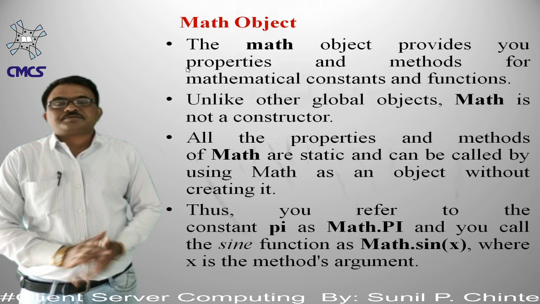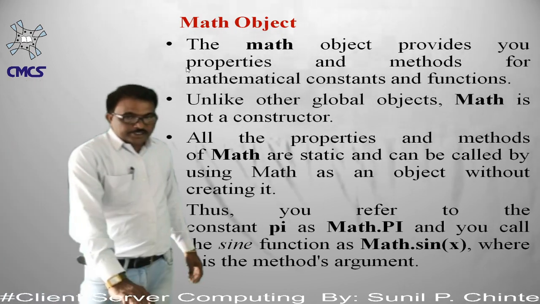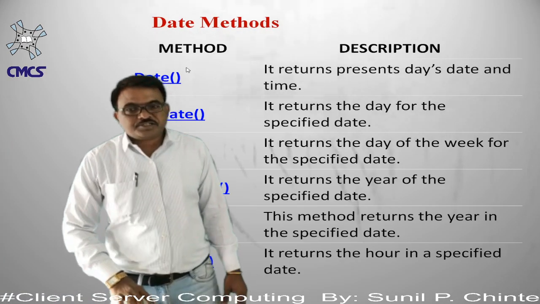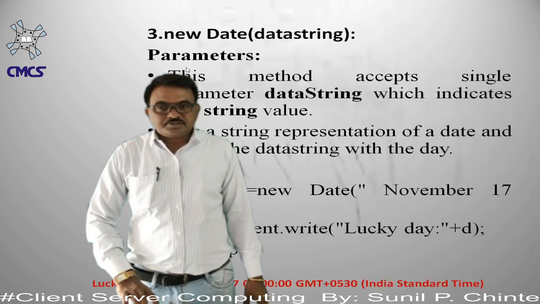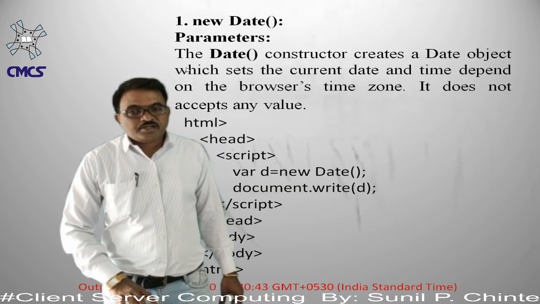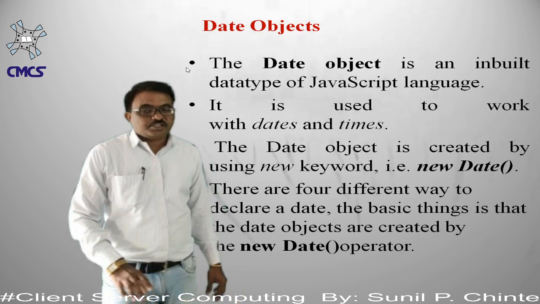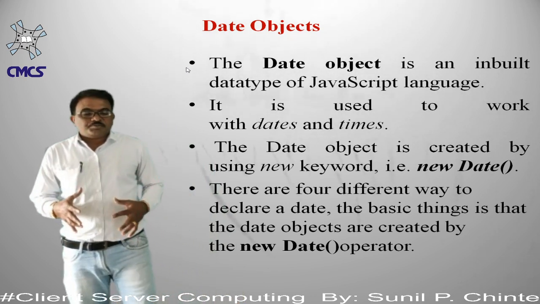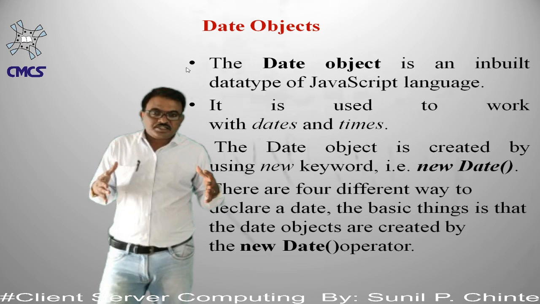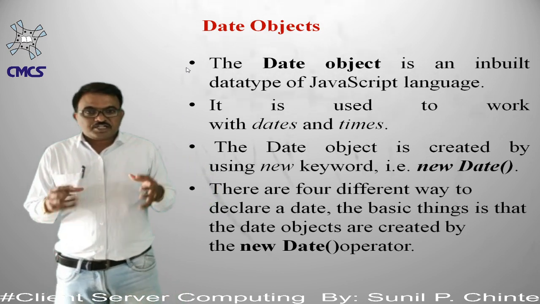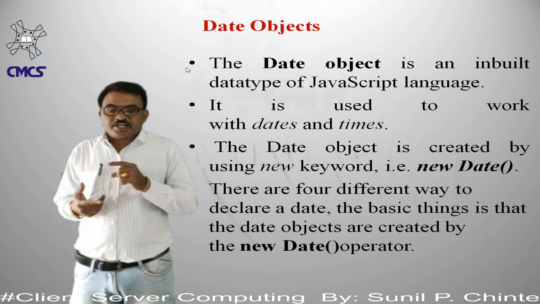Okay, so the date object is a built-in data type that can work with dates and times. Okay, what is a date object? The date object is a built-in data type that can be used with dates and times.